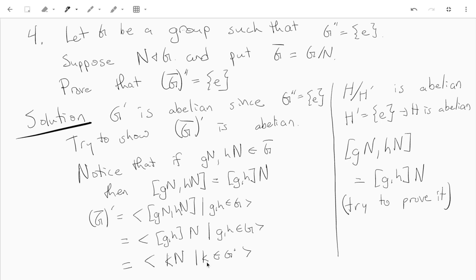But that means G bar prime is generated by things like kN, but all the k's commute with each other, since G prime is an abelian group.